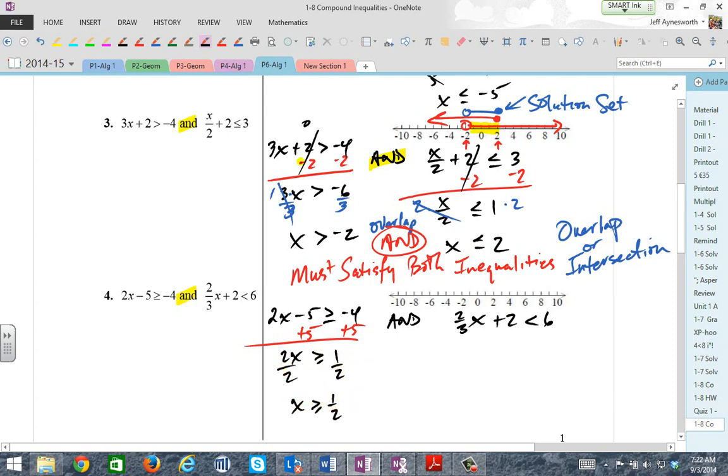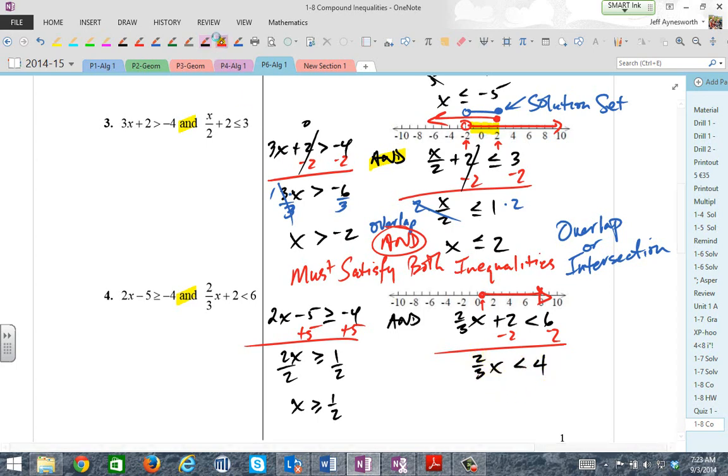All right, now that's closed at 1/2, which is halfway between 0 and 1, right here, and to the right. Now the other one, we've got to subtract 2, and you've got 2/3 x less than 4. Now on this one here, I would definitely multiply by the reciprocal, like we handled it in the past.